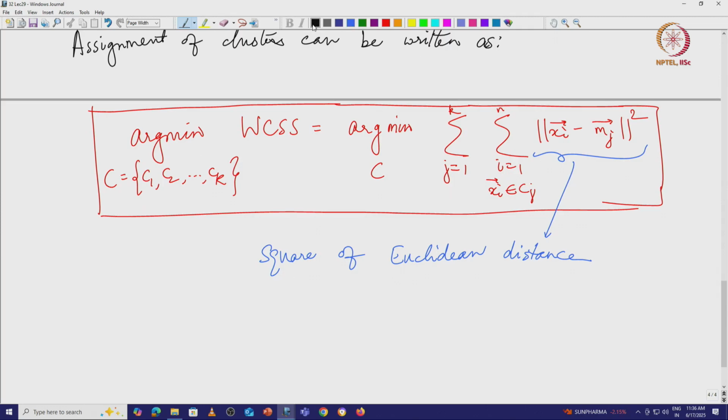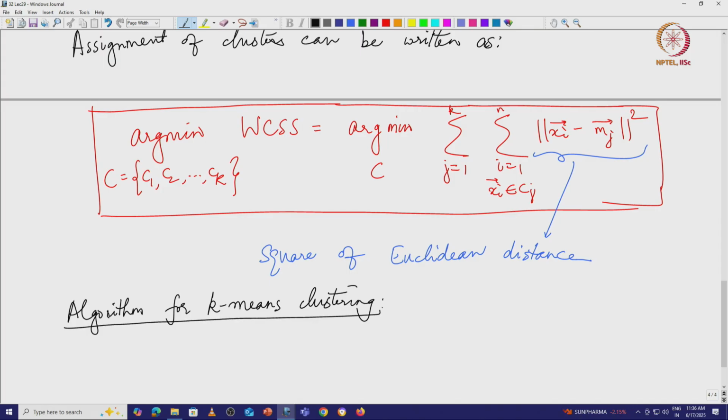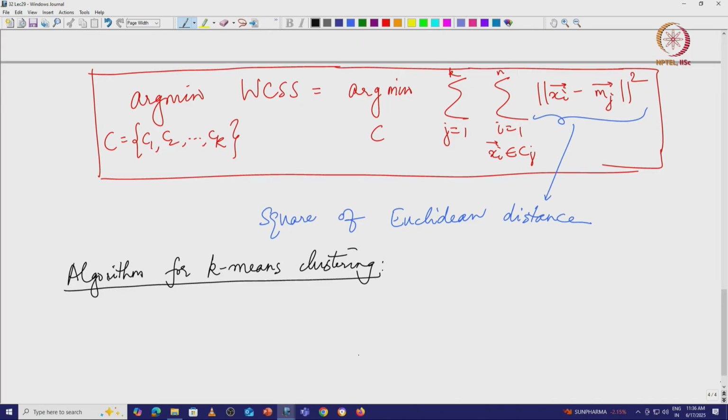So, this is done algorithmically. So, the algorithm for k means clustering is as follows. Okay. There are essentially several steps to be followed.